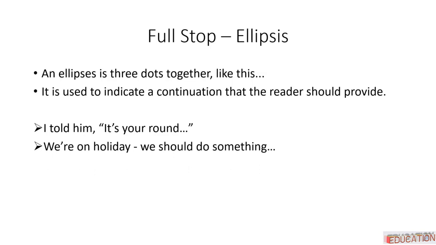We're on holiday, we should do something... which invites the person he's talking to to fill the dots in and provide a suggestion for what we could do. Tomorrow is Saturday, no work... Again, the invitation is there to fill in the dots with a suggestion of what we can do tomorrow when we have time off.